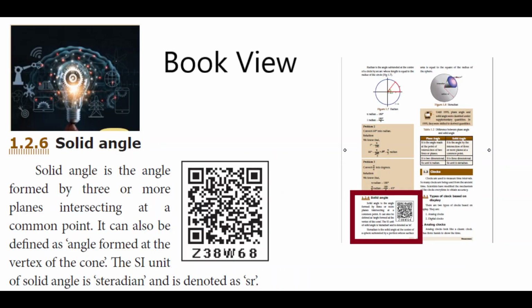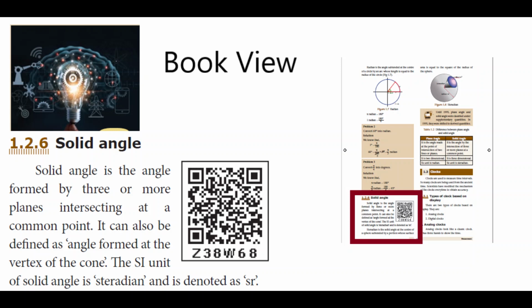So this is the book view part. In this, where it was mentioned in the textbook was shown by a box, and you can see the message, the cut portion of that textbook page shows 1.2.6 solid angle.